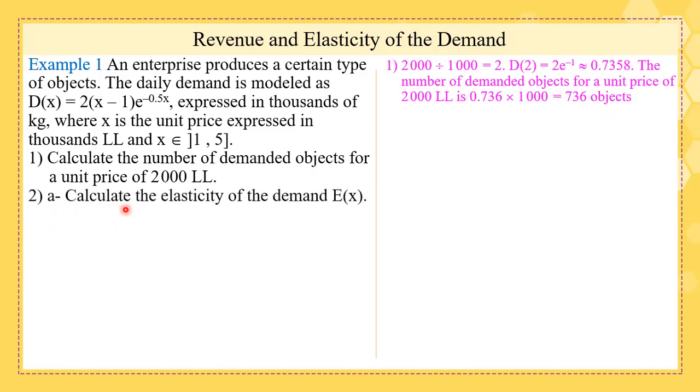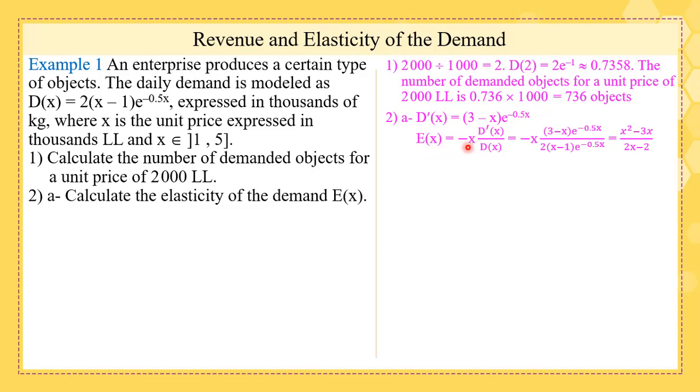Part 2A. Calculate the elasticity of the demand E of x. First, we find D prime of x, which is the derivative of the demand function D of x. So D prime of x equals (3 minus x) times e to the power minus 0.5x. Then we write the rule of elasticity of the demand.